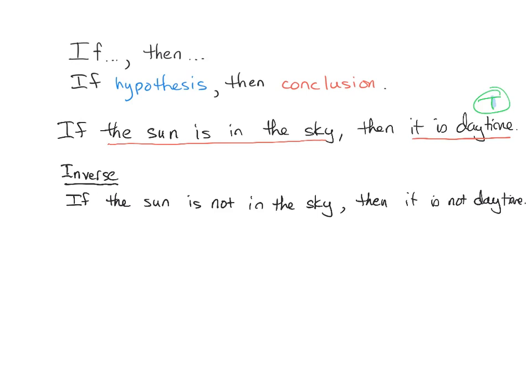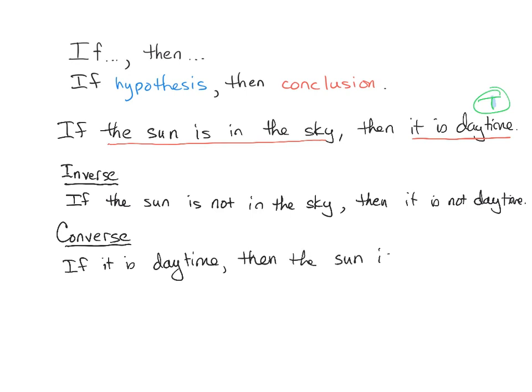The next one we talked about is called the converse. And in this case, the converse, we just take the original hypothesis and conclusion and we flip them. So now it becomes, if it is daytime, then the sun is in the sky.